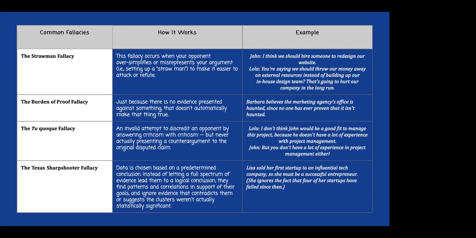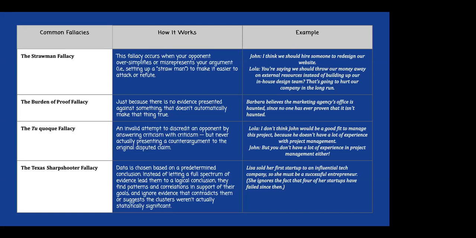So, I don't think John would be a good fit to manage this project because he doesn't have a lot of experience. Well, John says, well, you don't have a lot of experience in the project either. He never went to that claim. He never gave us any evidence that that claim was or was not true. He just criticized the other person. So that's our tu quoque.